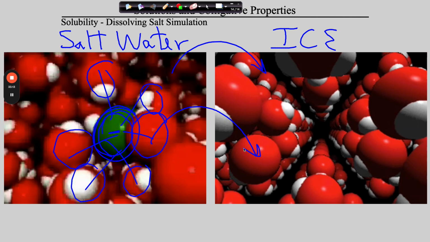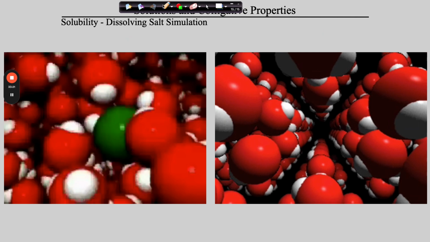Now guys, in order to do that, they have got to get even colder. What happens is these molecules over here that are attracted to the salt, what we have to do is we have to slow these molecules down even slower than 0 degrees Celsius.